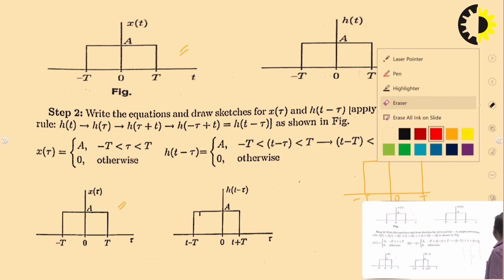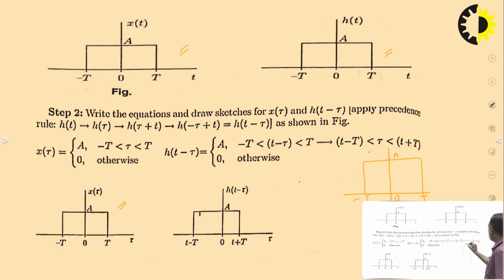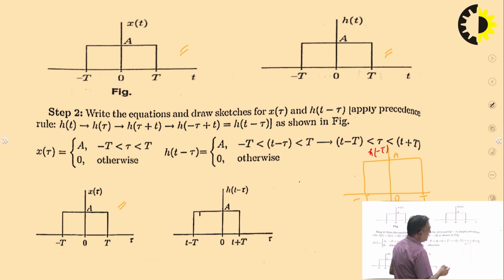So in place of h of tau, I am now writing h of minus tau. Now we have to find h of t minus tau. Here t means we are shifting our rectangular signal by an amount t to the right. Why right?